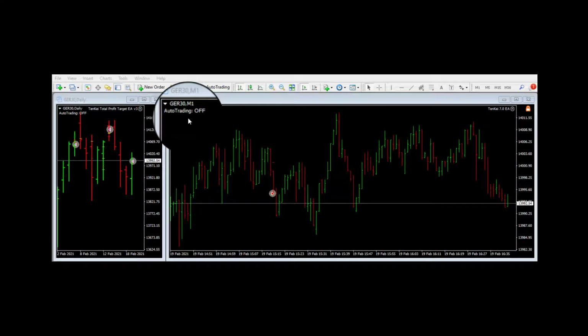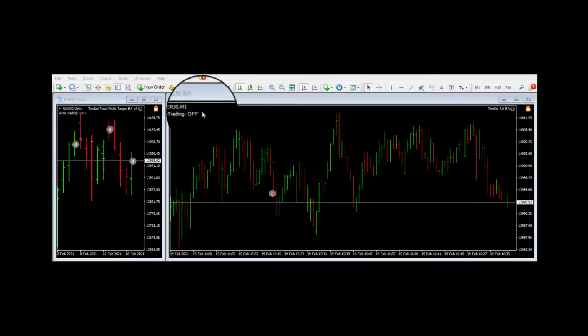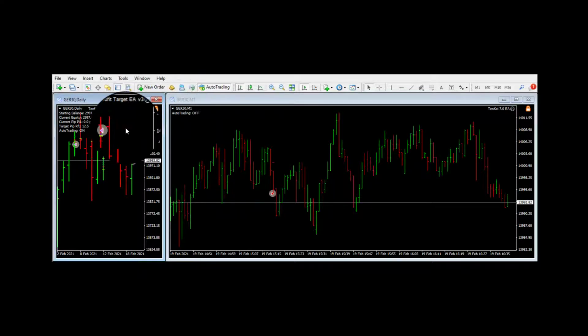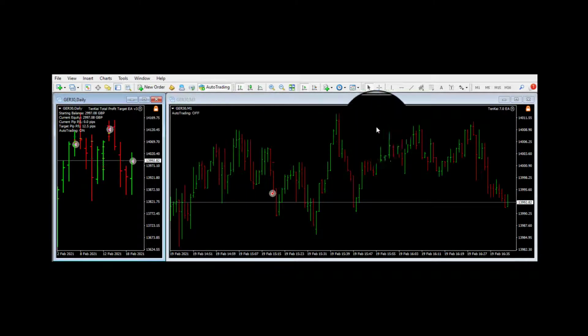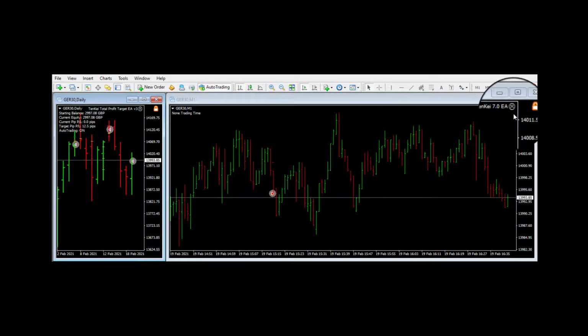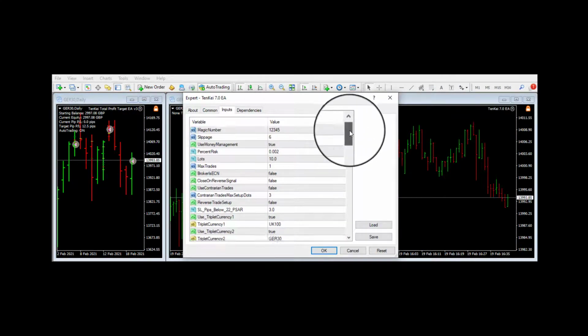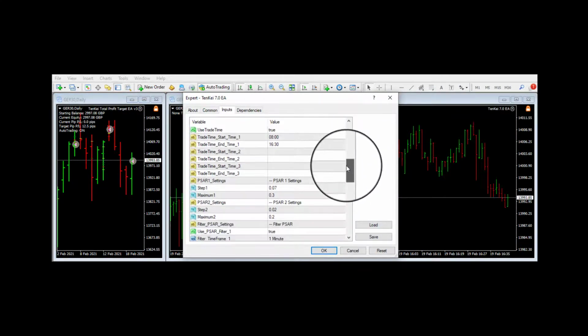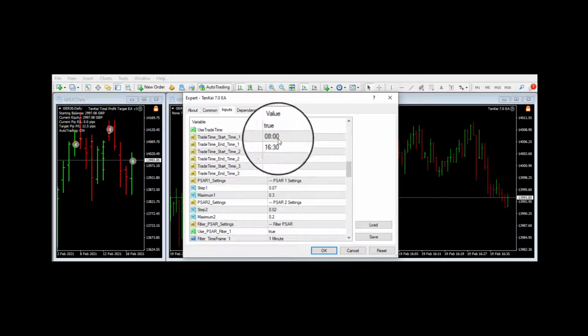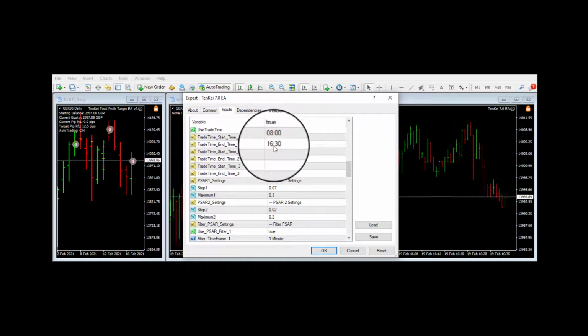So if you wanted to start trading again at this time and you switch auto trading on, the manager would come on, but the trading system itself would not come on. This T7 EA would not come on because, watch this, the trading time in here has been set between 8 AM and 4:30 PM.